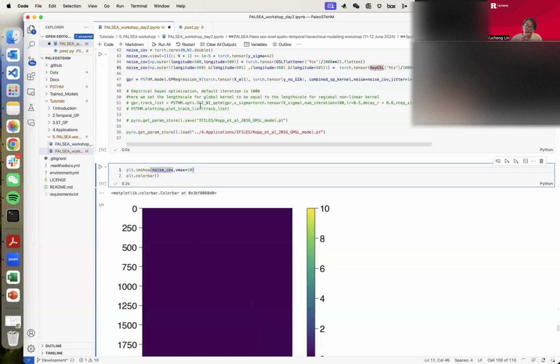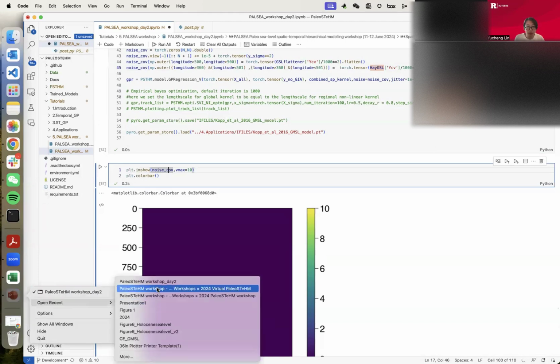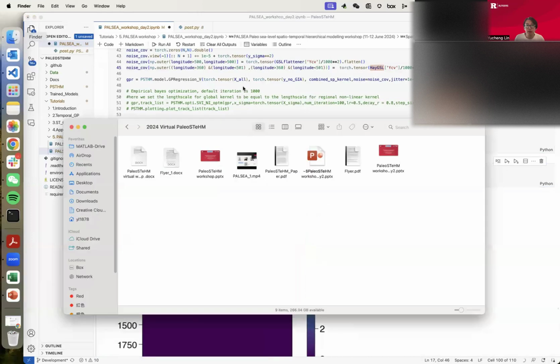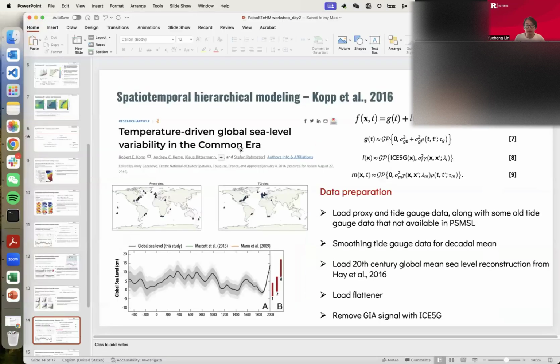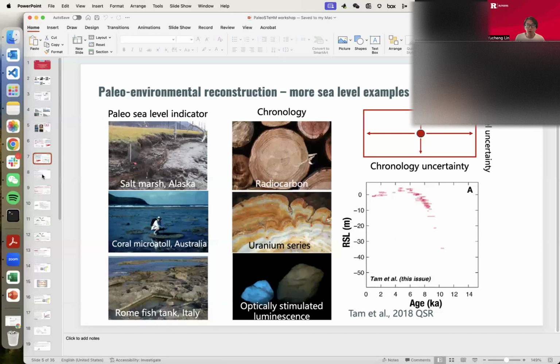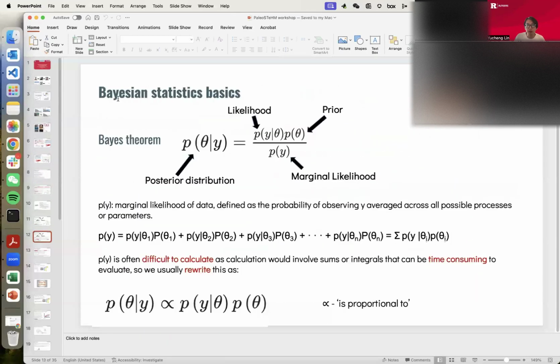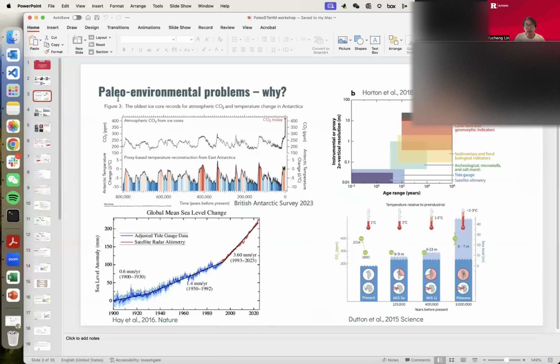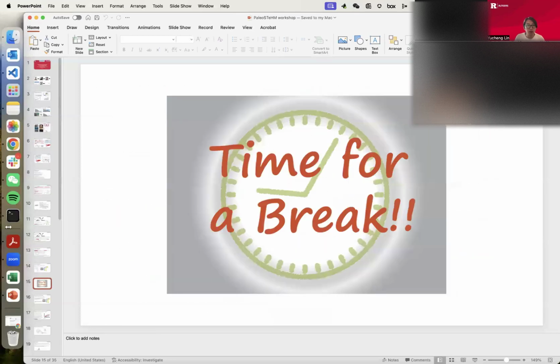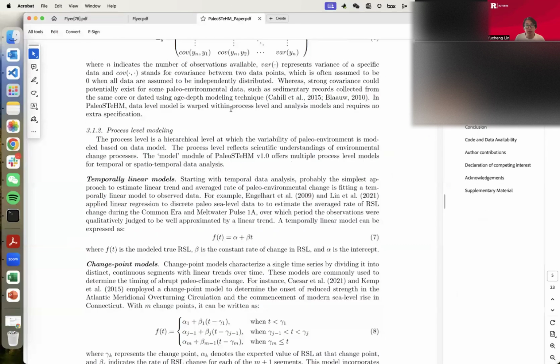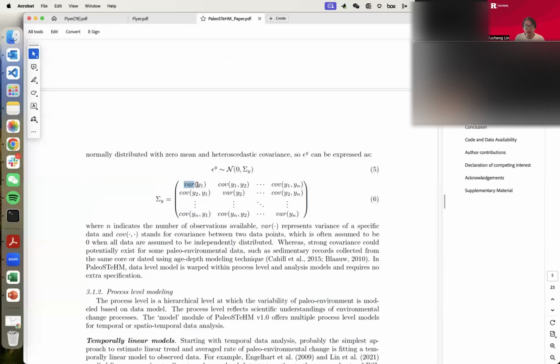The data covariance function basically means, as I talked about yesterday in the paper, that you have a variance value for each data point, which you might quantify from geological reconstruction, and each column here is the covariance between two data points.